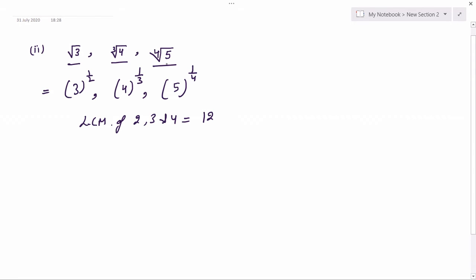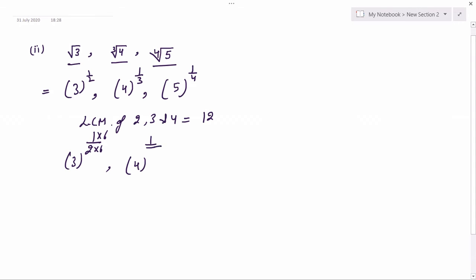Now you have to make all these numbers in the 12th root form. So how can you convert these numbers to the 12th root form? By seeing these powers. For the first, by which number will you multiply 2 to make it 12? 6. So you will multiply numerator and denominator both by 6.